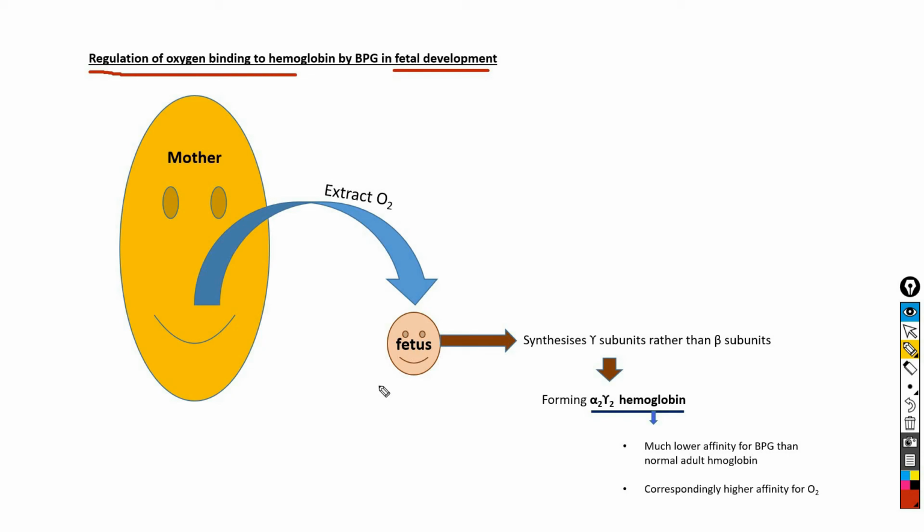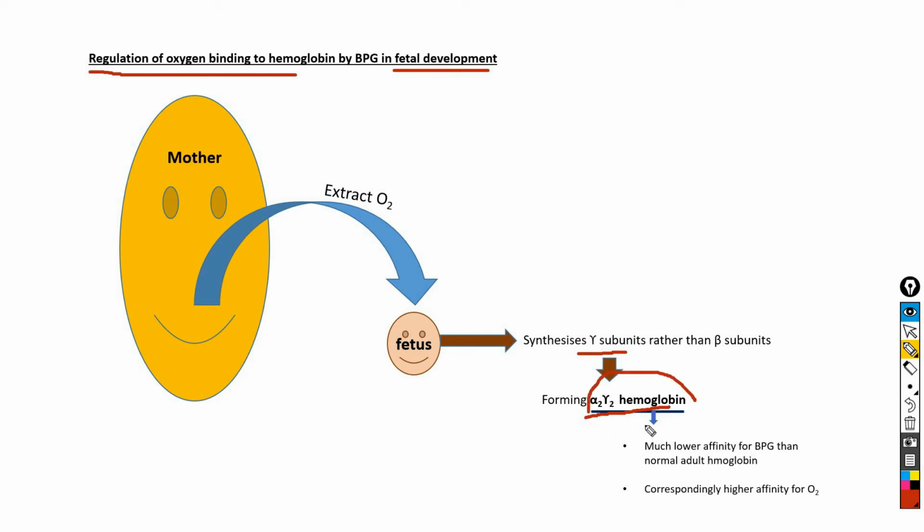The fetus synthesizes gamma subunit rather than beta subunit, and it forms alpha 2 gamma 2 hemoglobin tetramer rather than alpha 2 beta 2 hemoglobin tetramer.